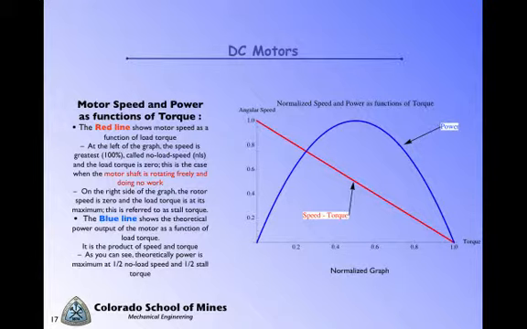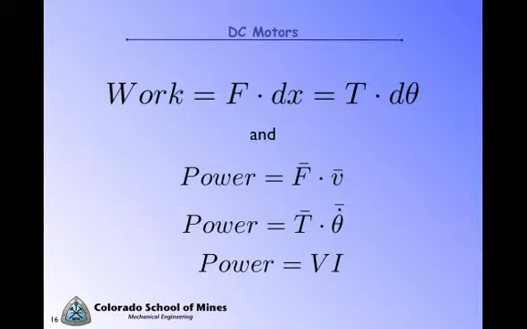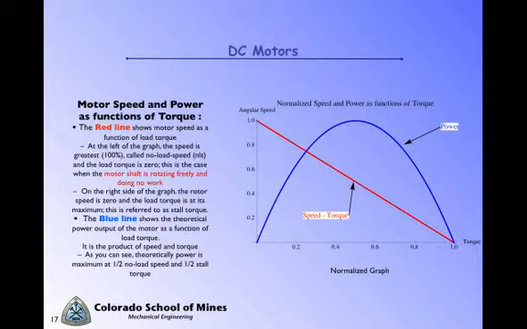Now, we'll see how this converts into power, but if you think about it, if you have a relationship from the previous where power is equal to torque times angular velocity, if torque is 0, then you have 0 power. If angular velocity is 0, you have 0 power. And so, sure enough, the power torque curve, that is, power as a function of torque, is shown here in blue, and it's 0 at both ends, but peaks in the middle.